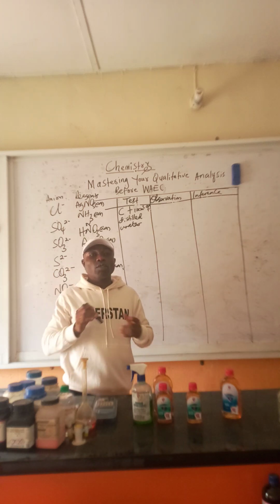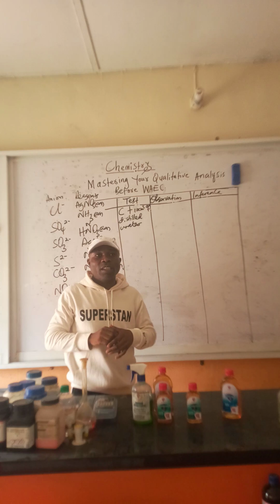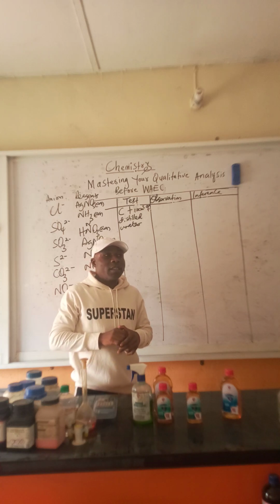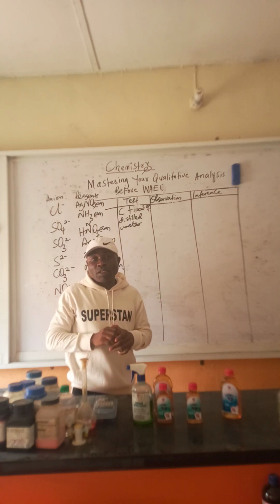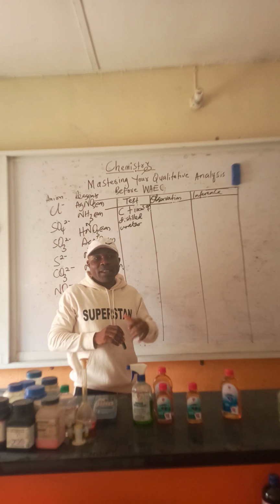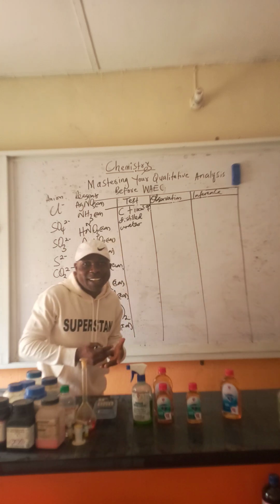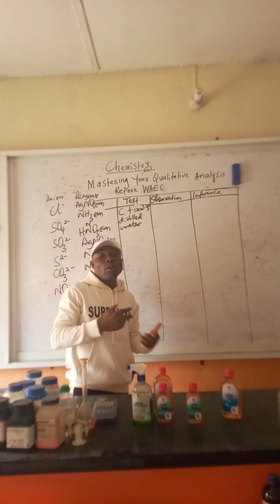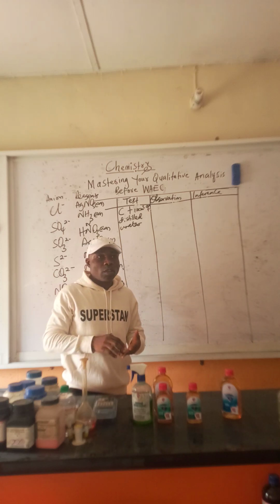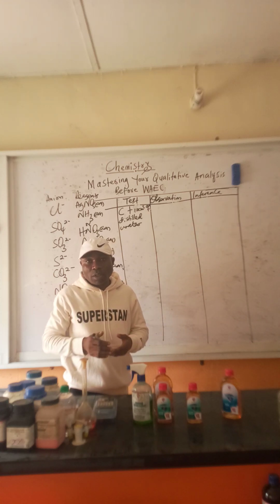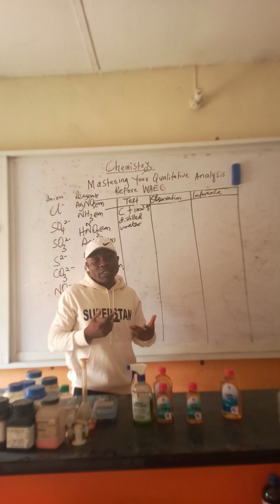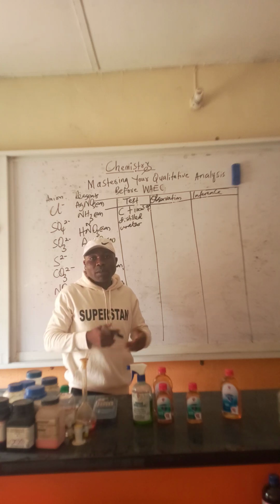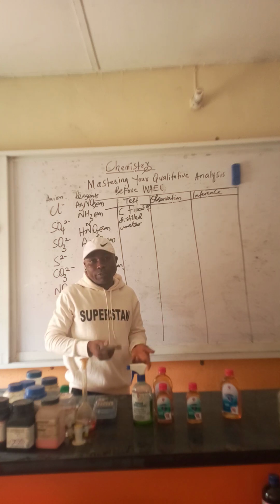The solubility of any salt in water is dependent on the nature of the salt, that is whether it is a trioxonitrate salt, or trioxocarbonate salt, or tetraoxosulfate salt, or possibly chloride or sulfide.